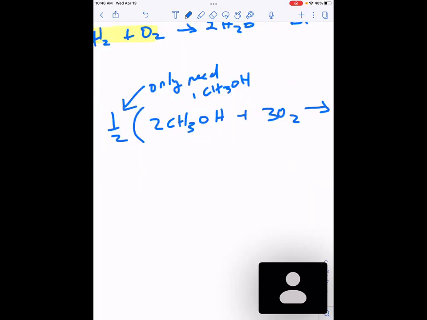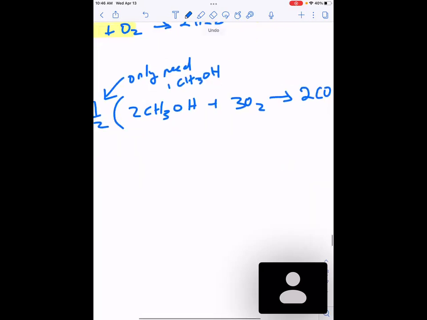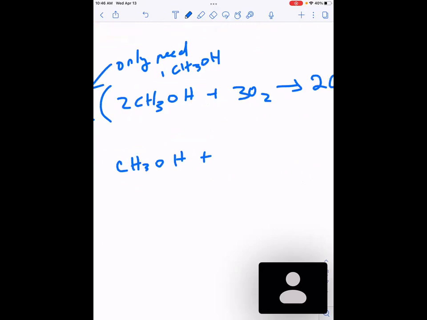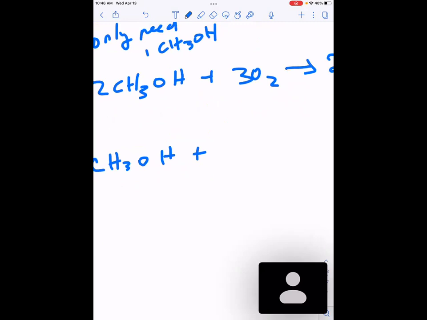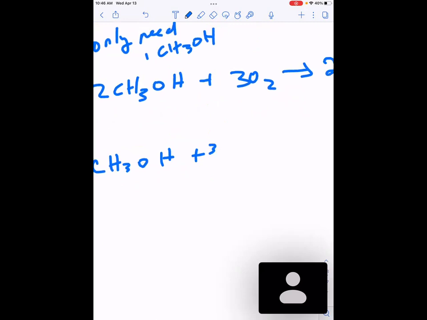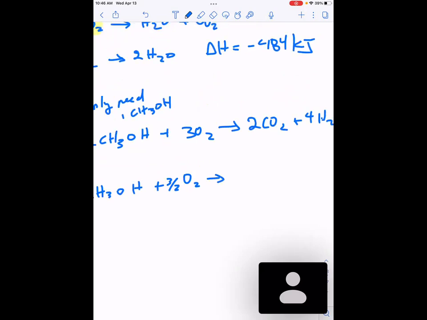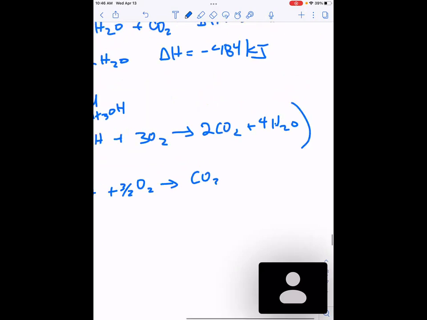So this is going to be CH3OH plus, what did I have? 3 O2s. Yep. So 3/2 O2 going to CO2 plus 2H2O.